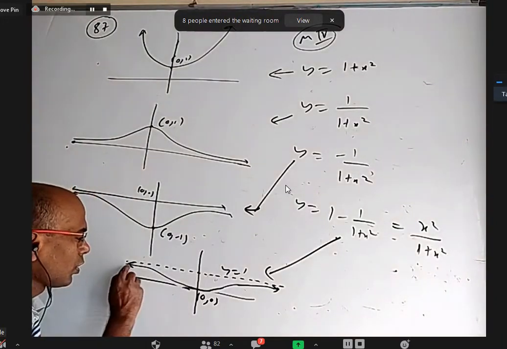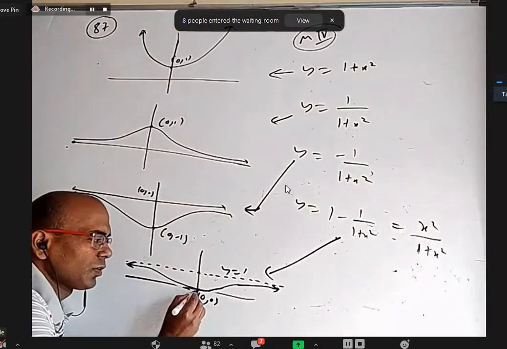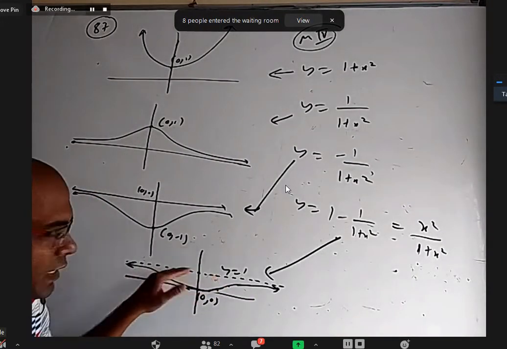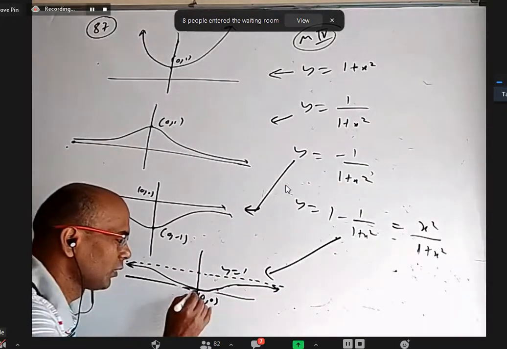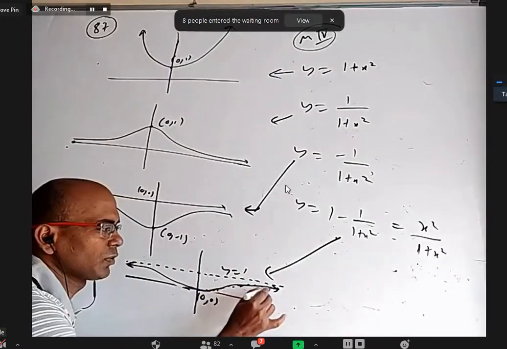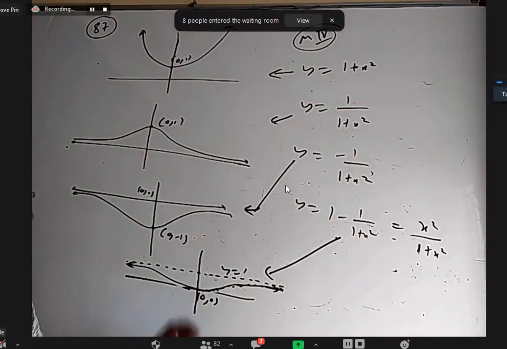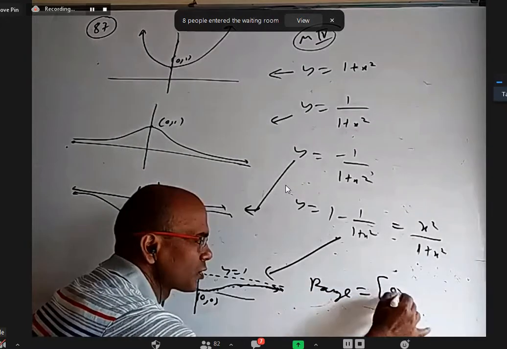So if you look at all the y coordinates here, y coordinate is 0, here 0.1, 0.2, but the maximum possible y coordinate is 1, but never 1. All the way up to 1, everything is possible. If you look at this y coordinate, this y coordinate, this y coordinate, you count everything from 0 to 1, but not 1. So you can tell the range is equal to closed 0 to open 1.